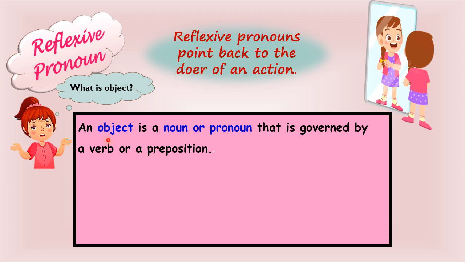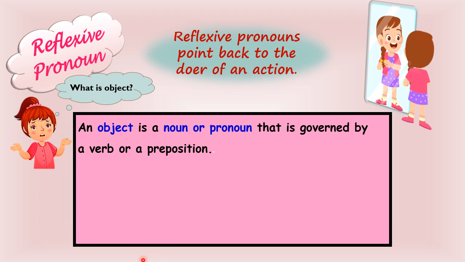So children, remember, an object is a part of a predicate in a sentence, and this object will be either a noun or pronoun, and this noun or pronoun will fall after a verb or preposition.